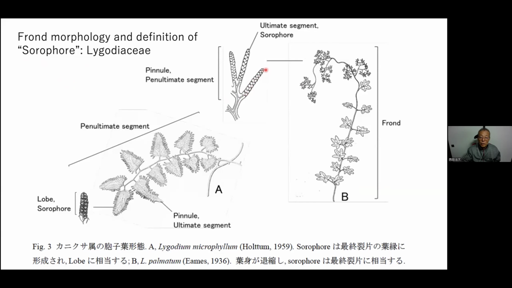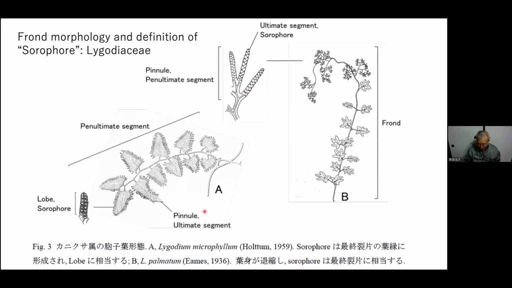And the length of the segment is different in species or sometimes in family. And in the Lygodiaceae, usually, as you know, they form an elongate fertile structure. And here we call this structure sorophore.